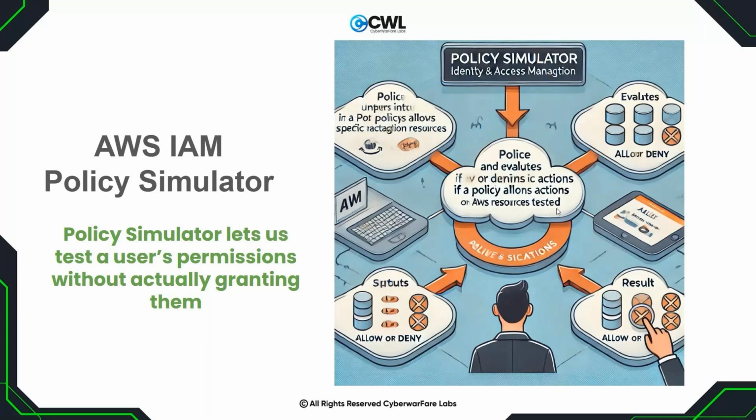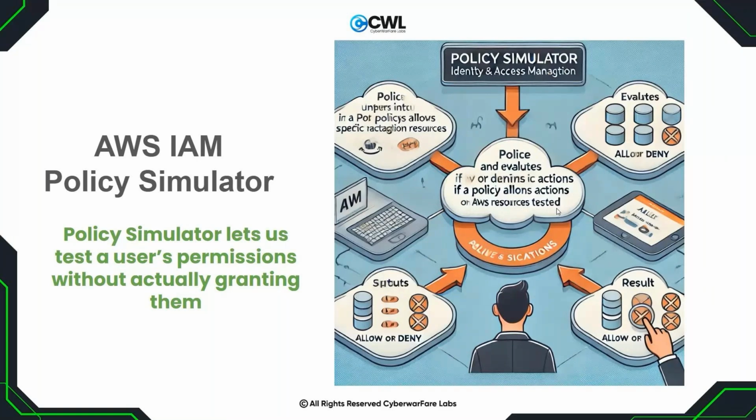This is especially useful for verifying the principle of least privilege that we have already seen, as it helps prevent overly permissive access. So how does the IAM policy simulator work? The policy simulator evaluates effective permissions by examining all the policies attached to a particular IAM entity, which can be a user, group, or role.